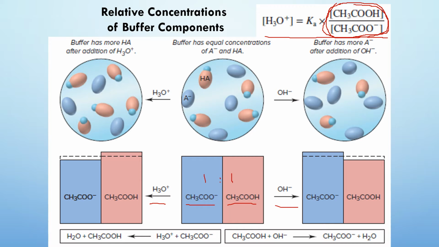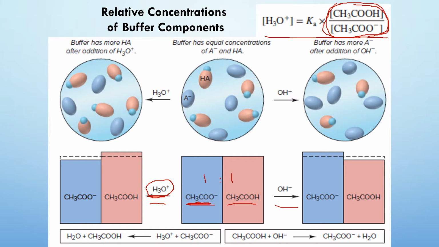If we move from the middle to the left, we're adding some proton by adding some strong acid. When you add strong acid into this buffer, because strong acid completely dissociates, the proton that you added will completely react with the base, which is the acetate.